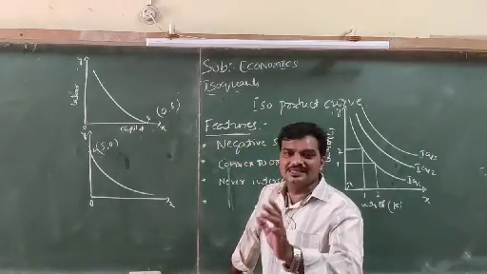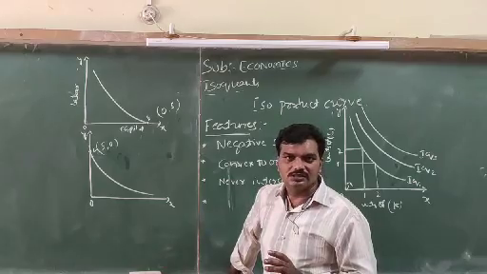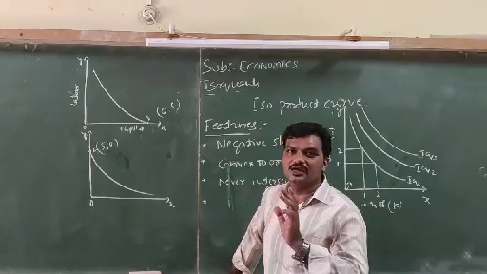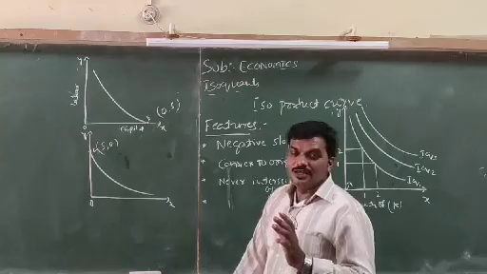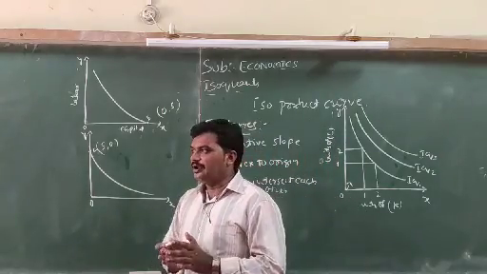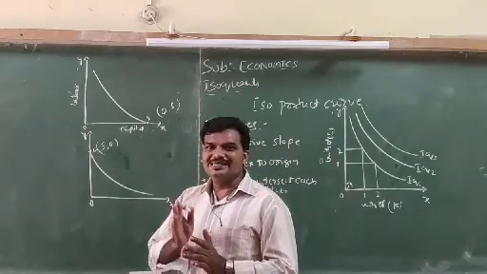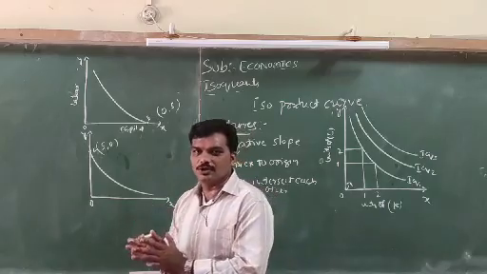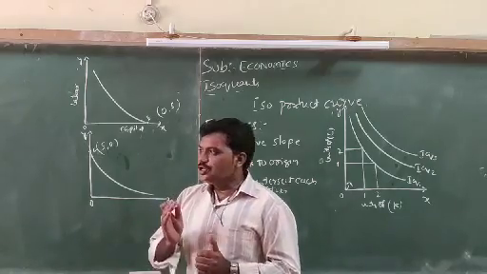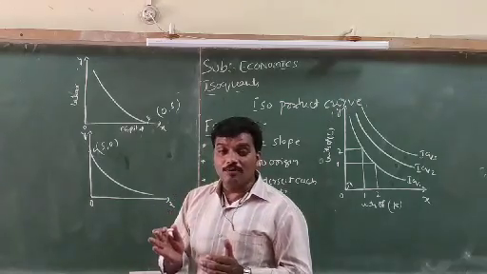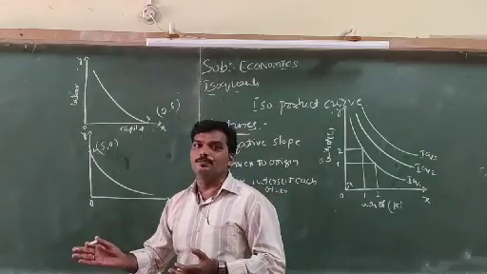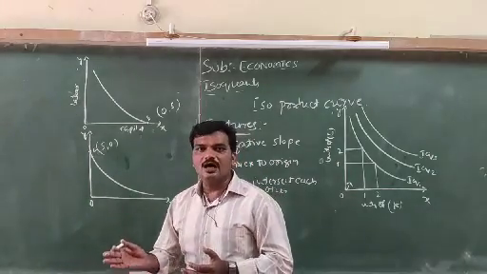Can the producer only use a single factor of production in a production process? No, it is wrong, because he never uses a single factor of production in the production process. He uses different combinations of units of two inputs to produce the output.